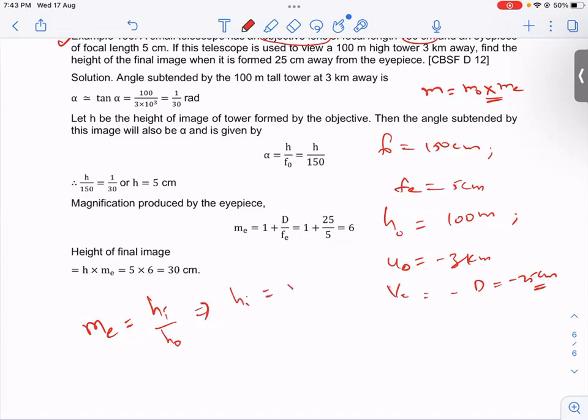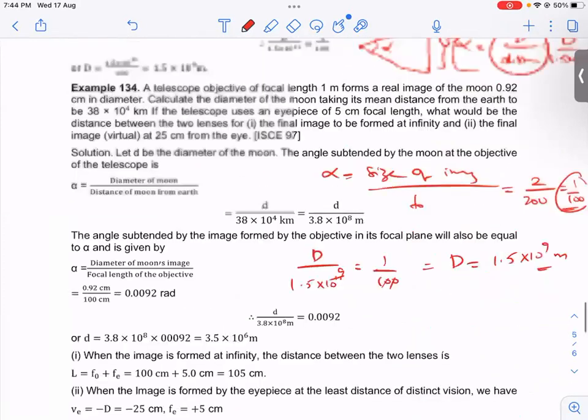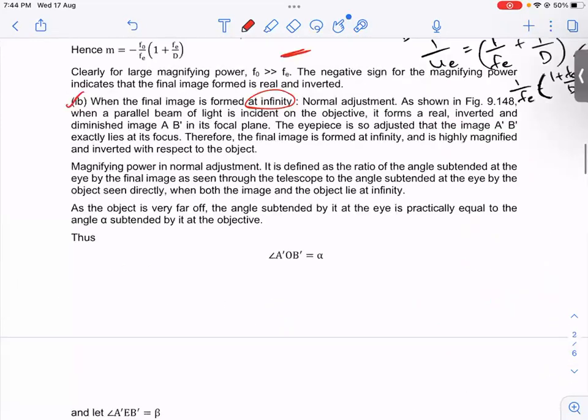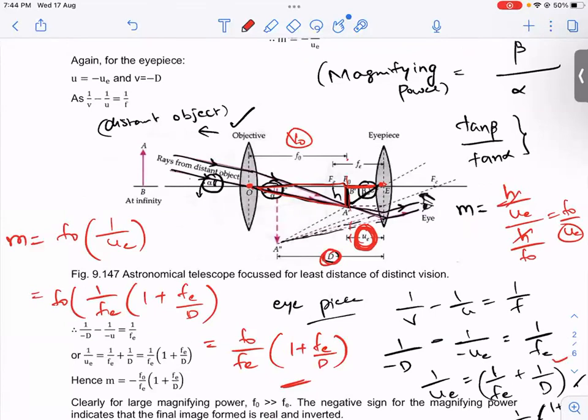So h_i dash will be equal to M_e into the height of the object that is produced by the objective. So first we need to calculate what is the height of the image produced by the objective. So how to calculate it? One minute, I'll take this diagram.